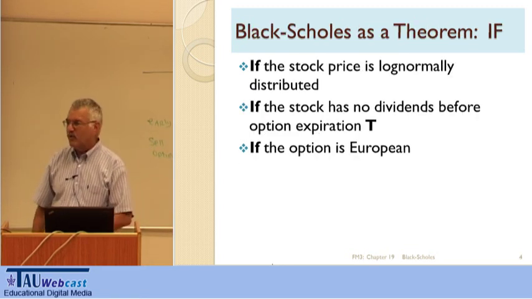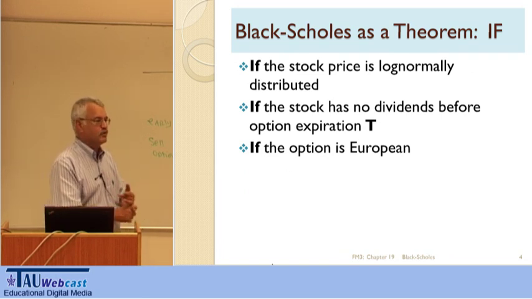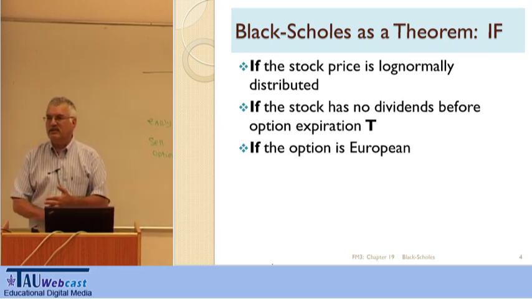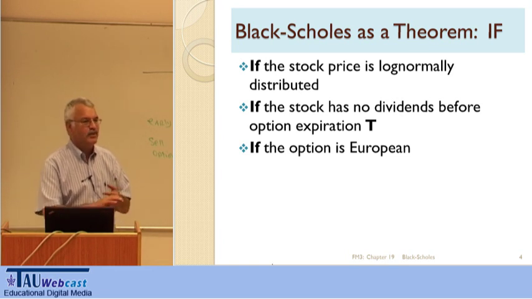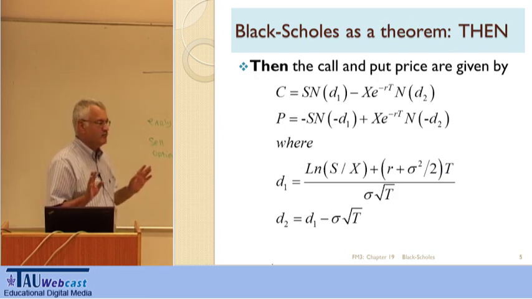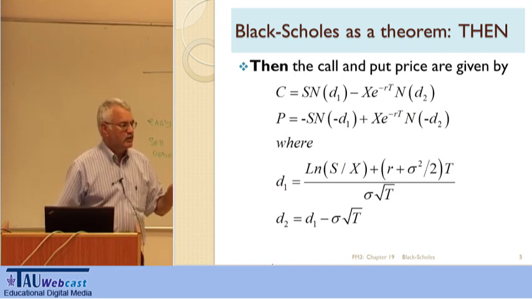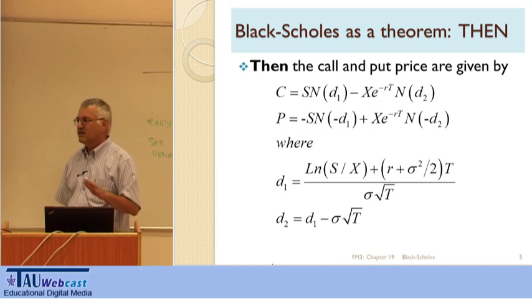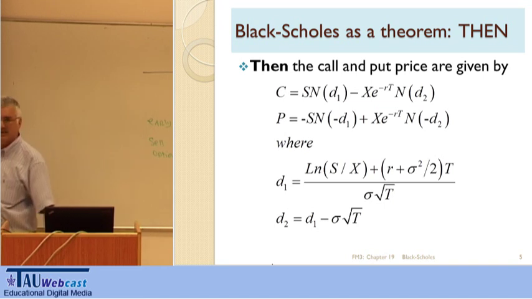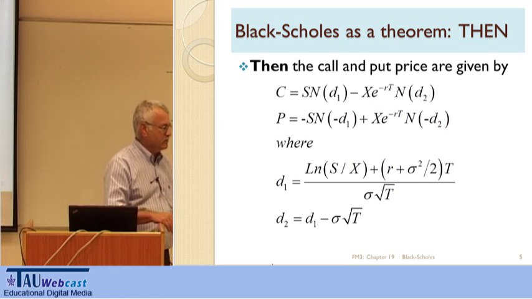So what does the Black-Scholes theorem say? It says if the stock price is lognormally distributed, what does that mean? Next week. If the stock has no dividends before expiration, and if the option is European, so those are the three ifs, then you have this formula. The top line is the call price, and the next line is the put price, and the where is this formula that I never remember, d1 and d2.